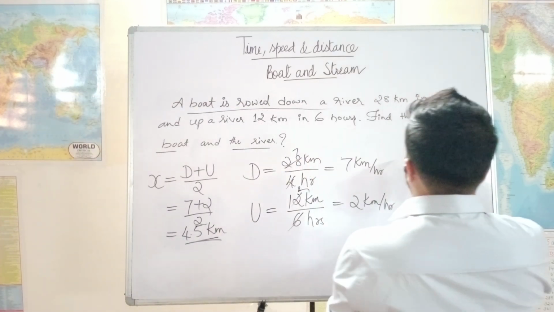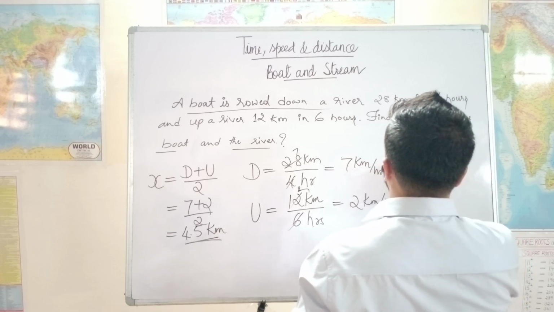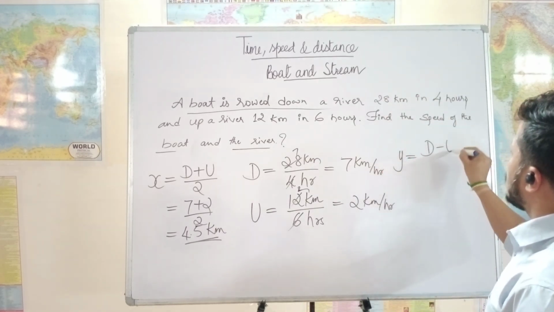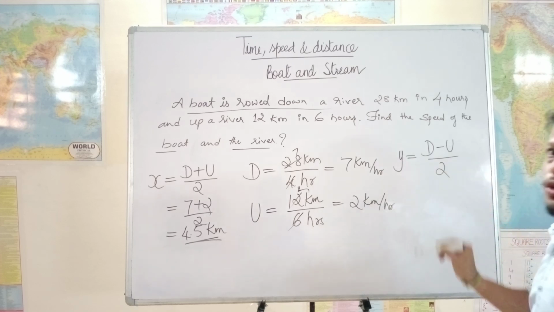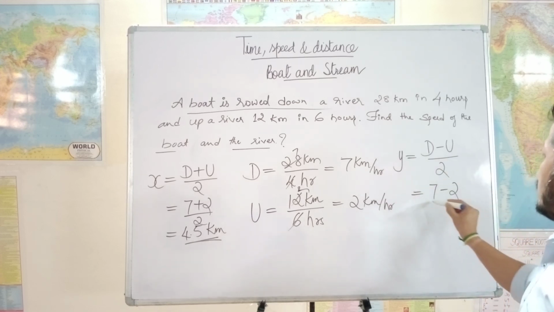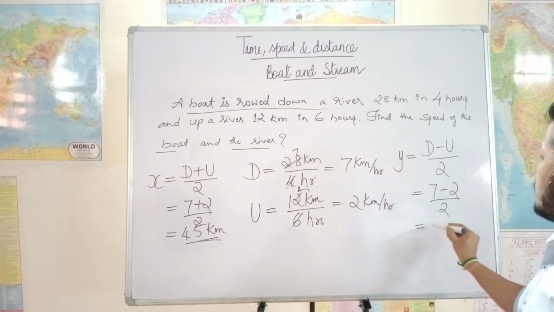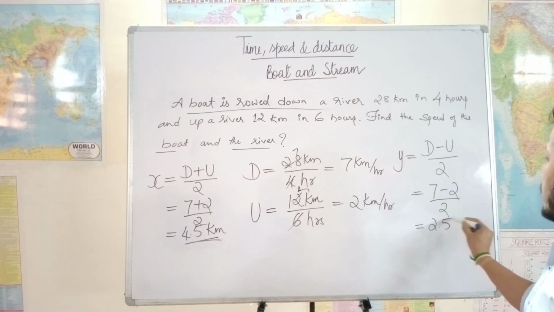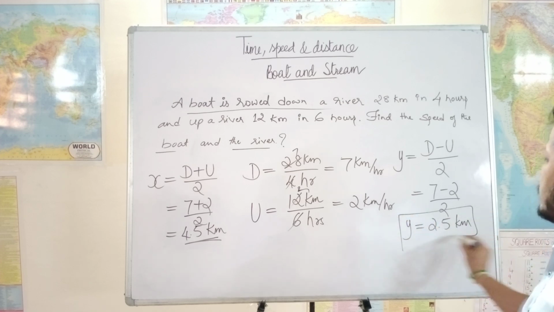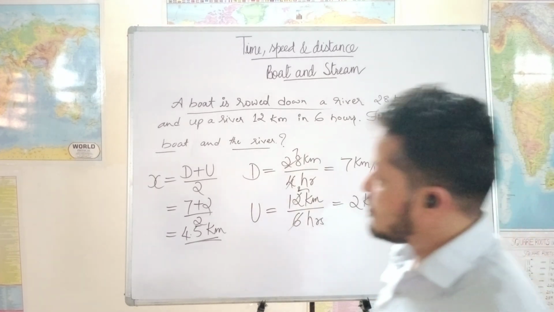Similarly, we have the formula for y. Y is speed of the river is equal to d minus u by 2, which is equal to 7 minus 2 by 2, which is 5 by 2 is 2.5 kilometer. Right?